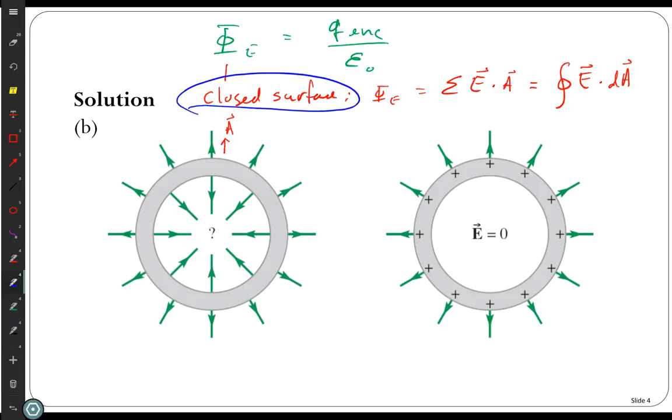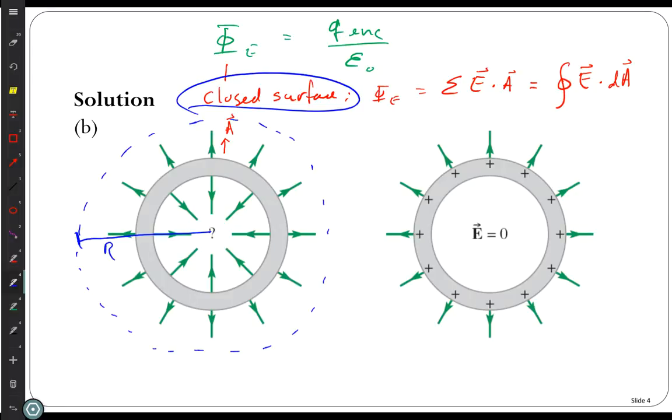It's a surface we use for calculation. So if I want to find the electric field at a radius r, all I do is I say, let us imagine that there is a spherical surface out here, a radius r away from the center of the sphere.